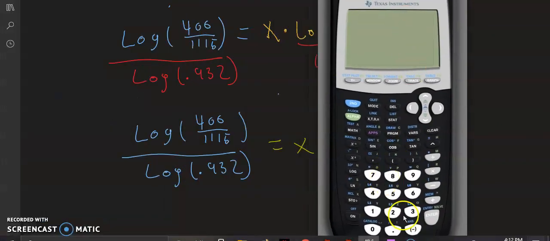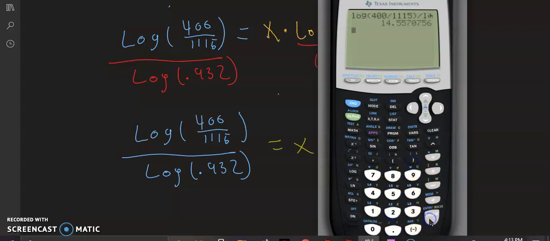But let's see. Right there. So what we can do is we turn our calculator on. Let's clean this up. So log of 400 divided by 1115, close it again, and then divide it by the logarithm of 0.932.